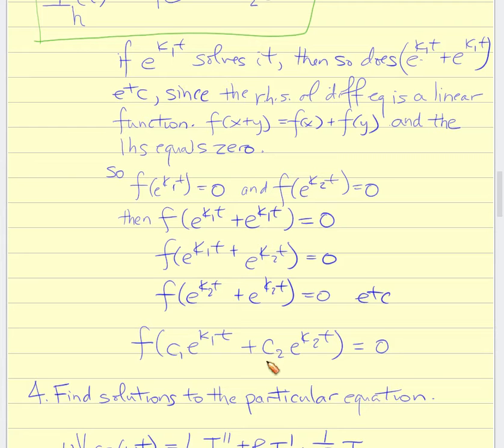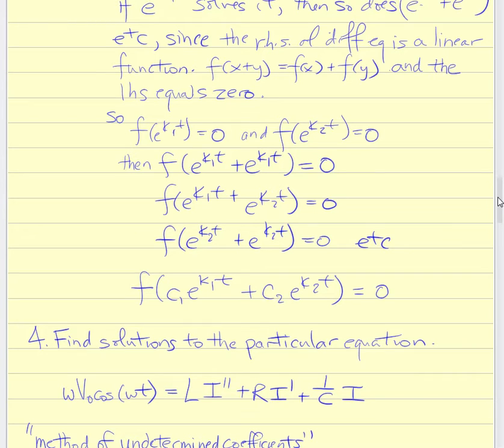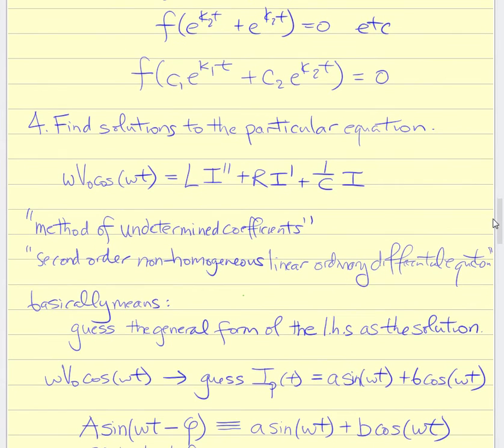So I think what comes to mind is the initial charge on the capacitor, and the initial current. That sounds like what it would be, but I'm not going to go into solving for initial conditions in this video.